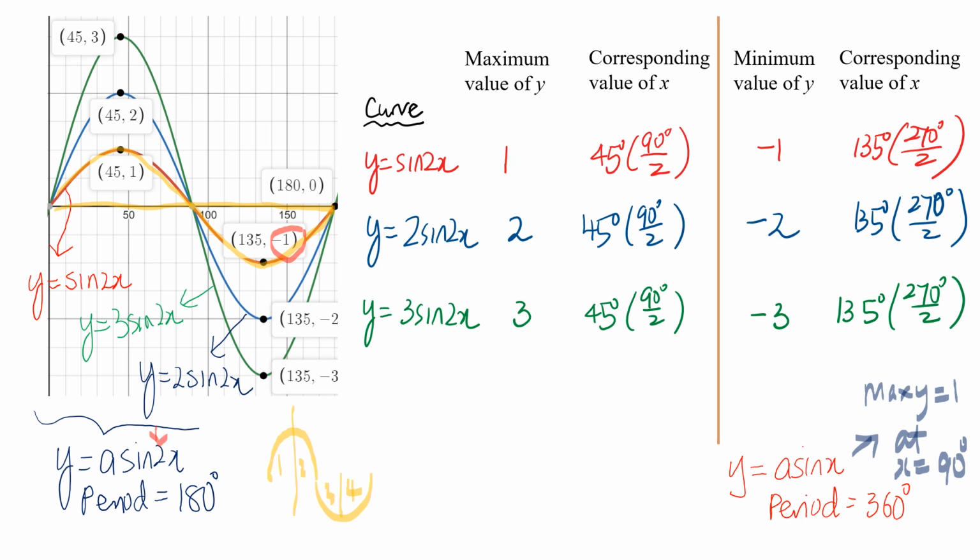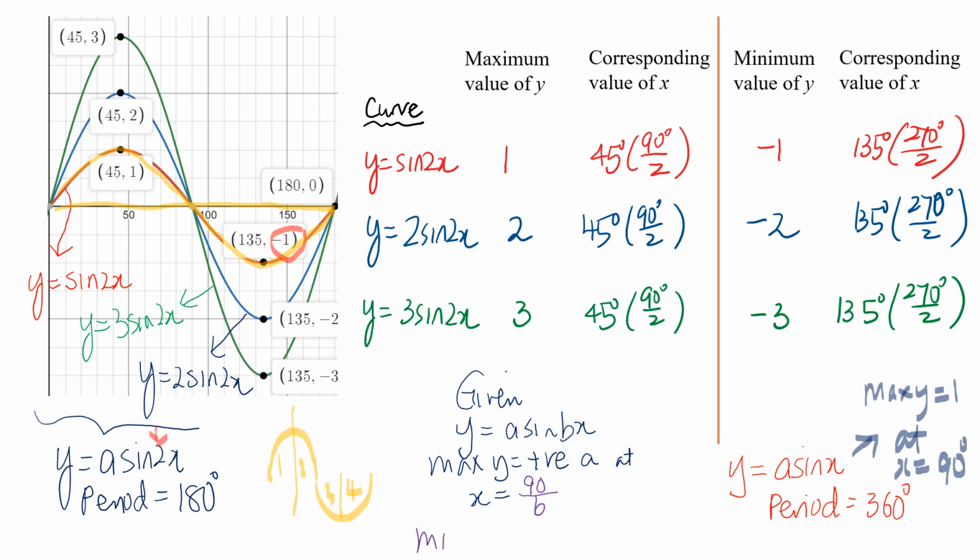To summarize, if you're given y equals a sine bx, the maximum y will be the positive a at x equals 90 divided by b.